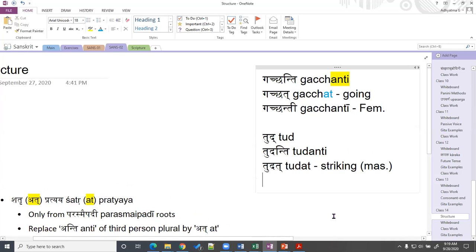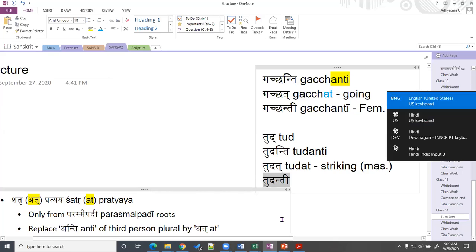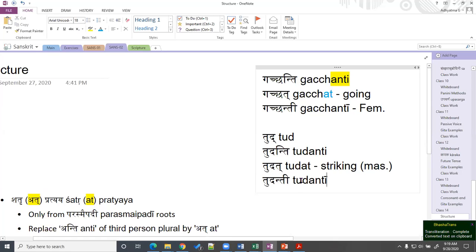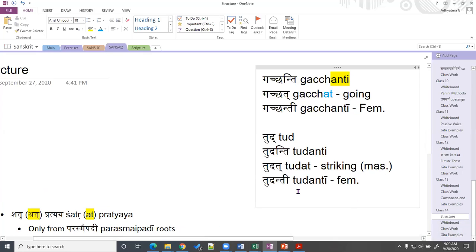If I have to make the feminine here, as per the rule we studied earlier, it would be tudanti. But there is an optional form here also.